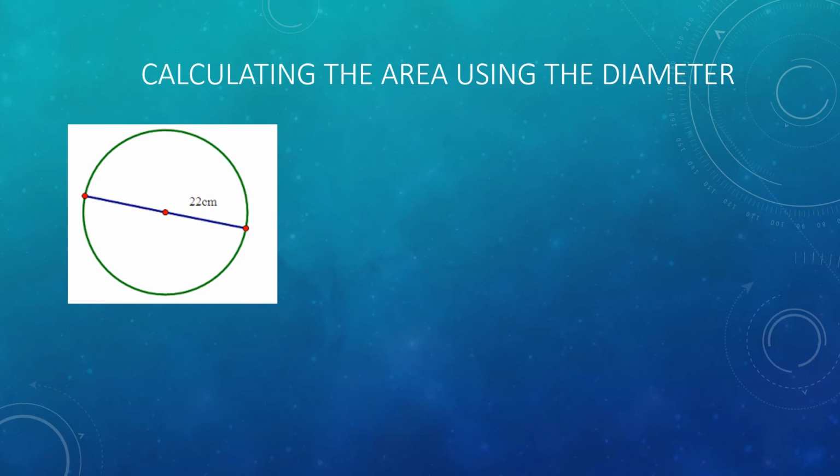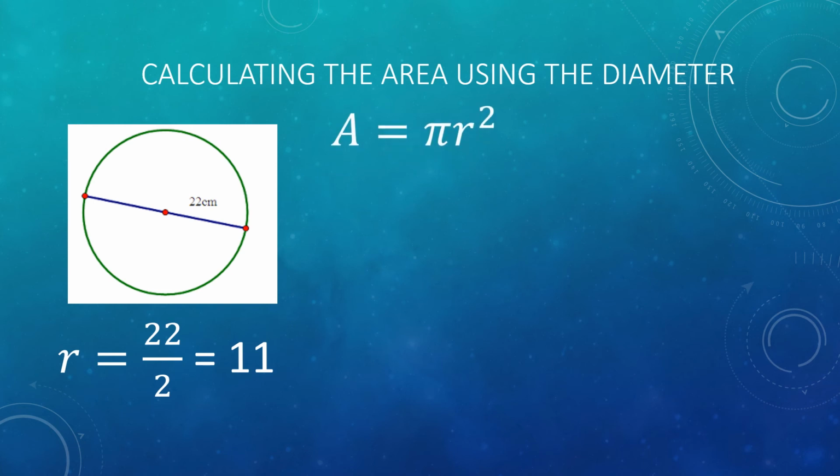To find or calculate the area of a circle given the diameter, now we have a circle whose diameter is 22 centimeters. So the first thing you need to do is find the radius. So we find the radius by taking 22, divide that by 2, and you get 11. So now we're ready to use the formula.